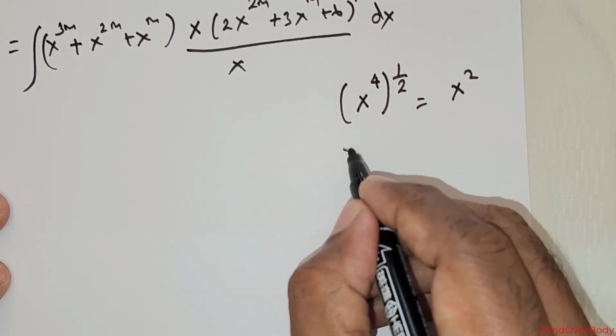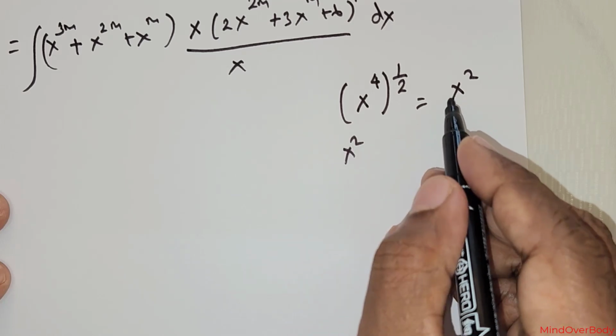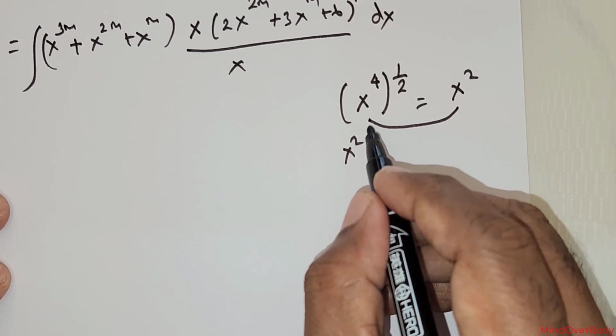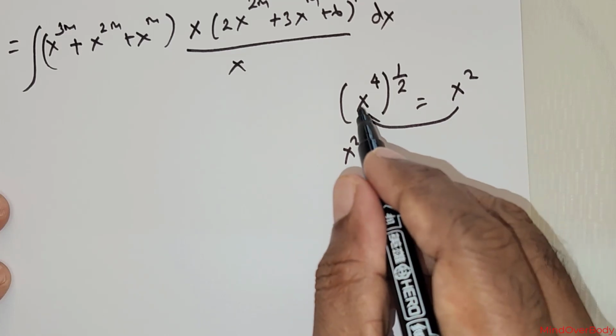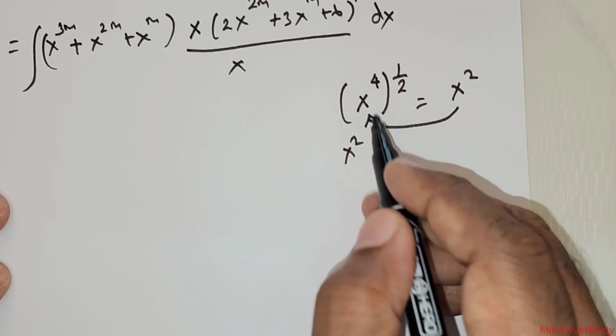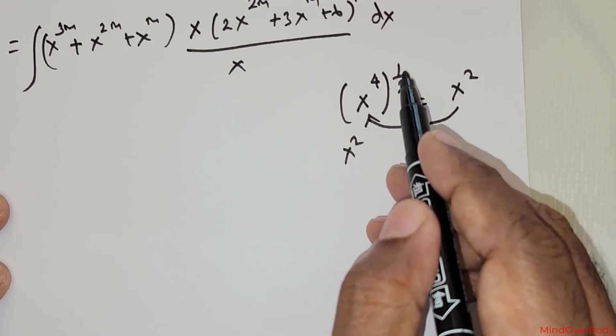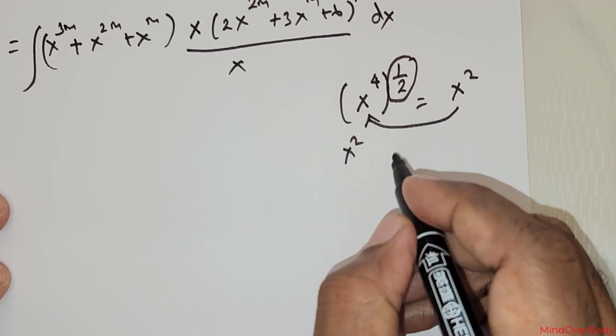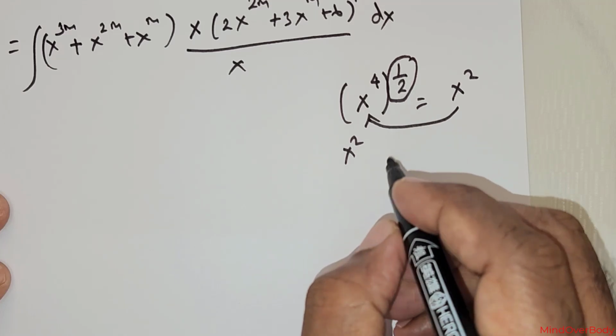Now, if x squared has to go in, then this x squared is rewritten as x raised to the power of 4 because you have 1 over 2 there as an index.